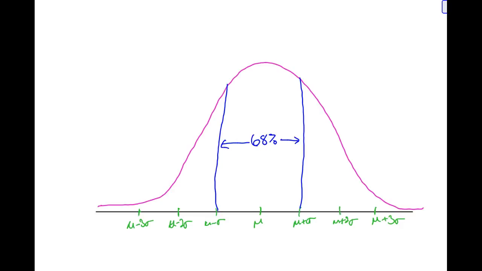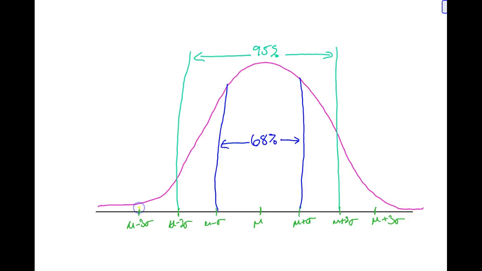Then it also says that between this value and this value, 2 standard deviations away, approximately 95% of our data will fall. And notice that includes the 68% already here, and then we add a little bit of portion here to come up to 95%.